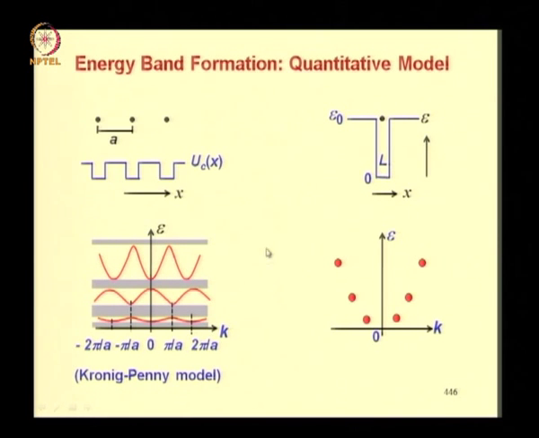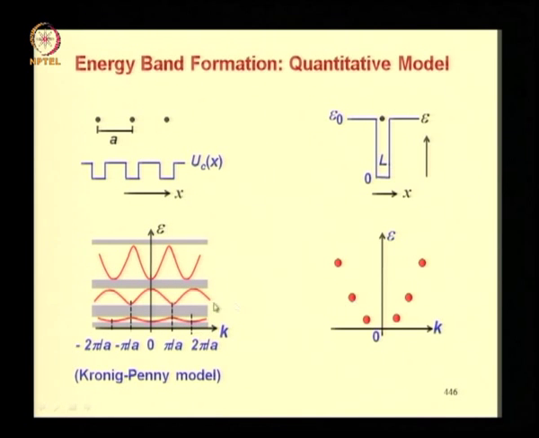We adopted a similar approach for a periodic potential, and in this case we showed that the E-k relation is considerably more complex than what we showed here. The differences being, instead of allowed energies, discrete energies, you have allowed bands. Secondly, the E-k relation is periodic.